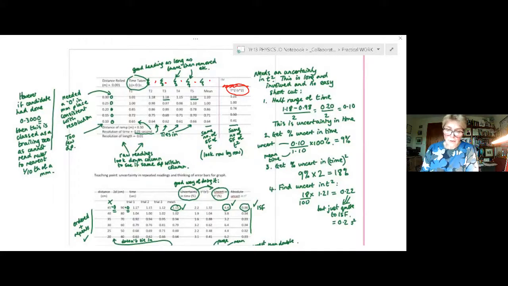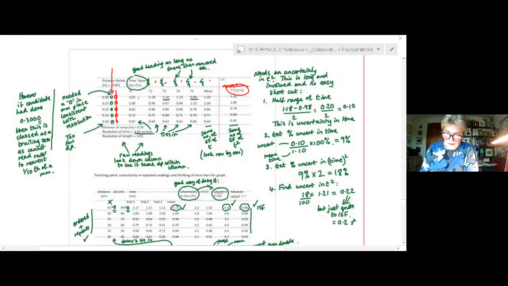Otherwise, if you're saying that you can read to the nearest millimeter, then you have to have a 0 in that millimeter place. And it's no good putting another 0 on top of that, because you can't read to the nearest tenth of a millimeter.